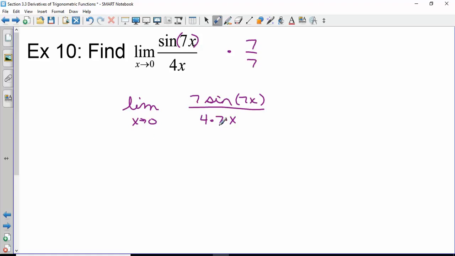Now here's why. We know that when you have limits, if you have coefficients, you could pull them out in front, right? We want this 7x we can't do anything with, so we need this 7x to go on the bottom. That means this 7 and 4 are extra. I don't want them, but those are just coefficients, so you could pull those out in front of your limit.